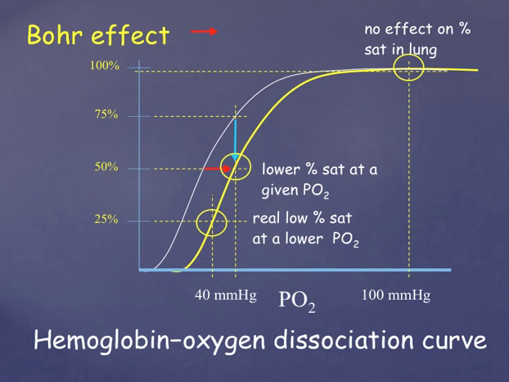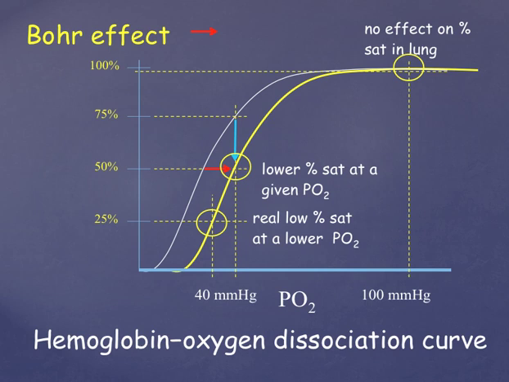Now, with the yellow curve, if the partial pressure is 100, the percent saturation is, again 100. No effect on the percent saturation in the lung, meaning blood is 100% saturated with oxygen when it leaves the lung. This is good.